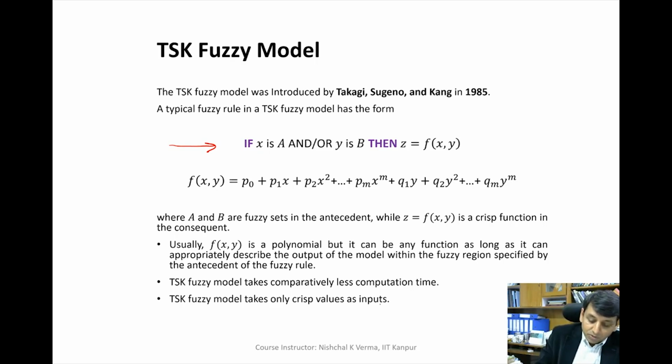Please note this very important point: in the Mamdani model, Tsukamoto model, Larsen model, all of the models, we had inputs in the form of fuzzy or crisp. But here in the TSK fuzzy model, the inputs, that is x and y, are always only crisp values.